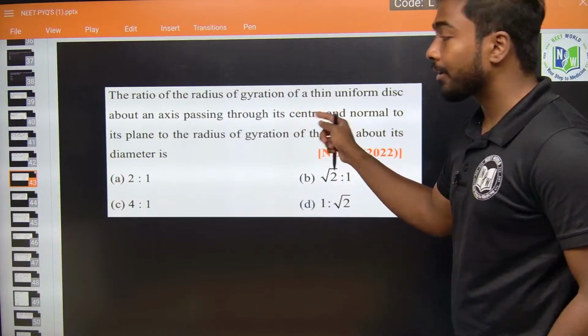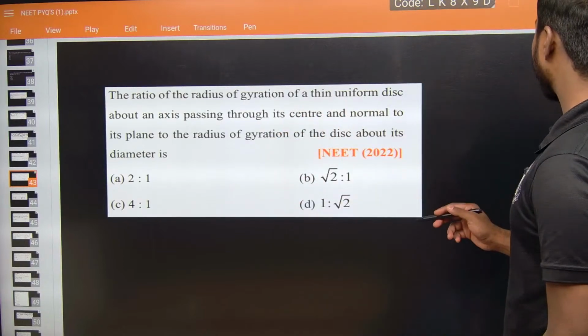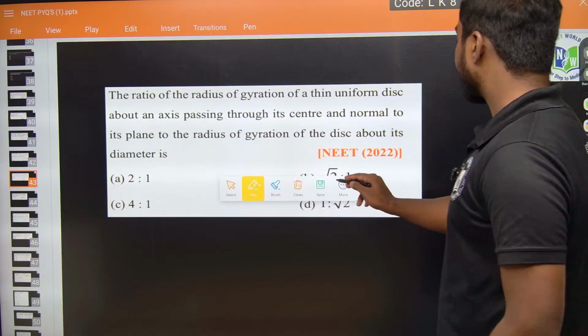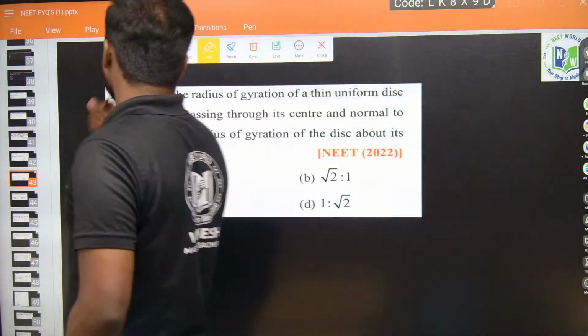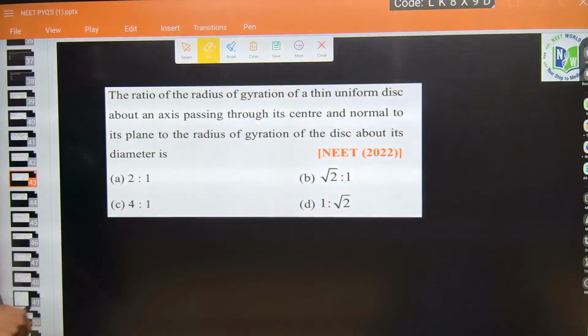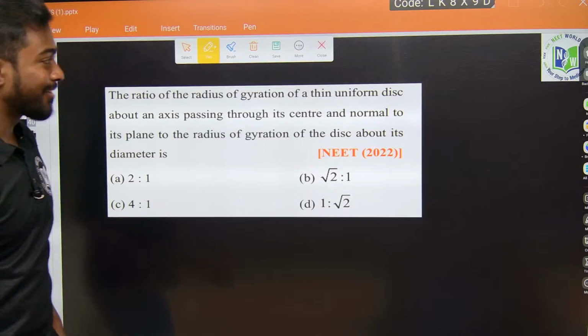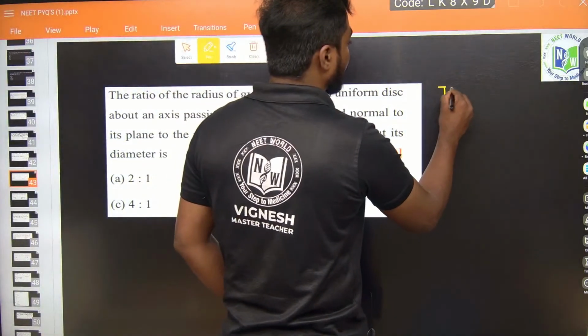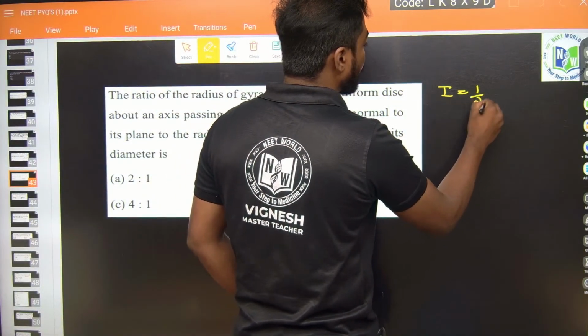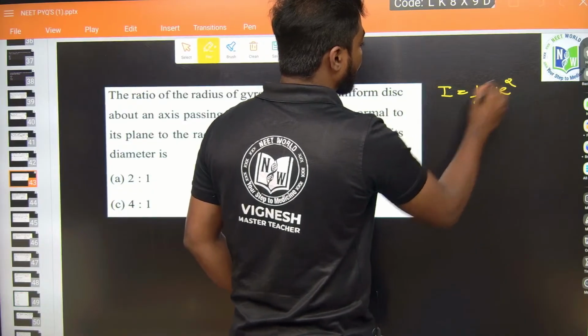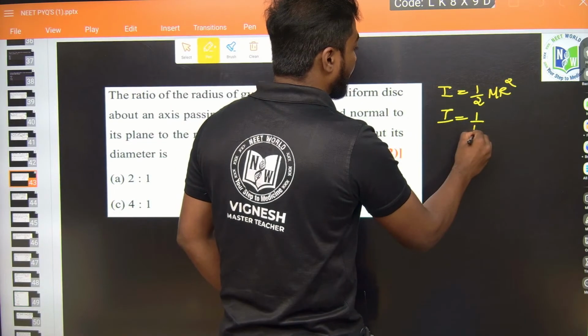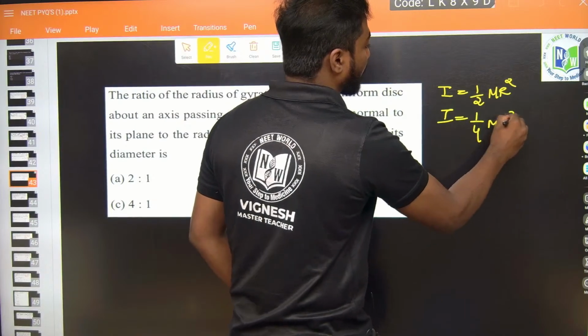What is the formula for moment of inertia first of all for the center and normal, and for the diameter? Yeah, it is 1 by 2 mr square as well as 1 by 4 mr square, right.